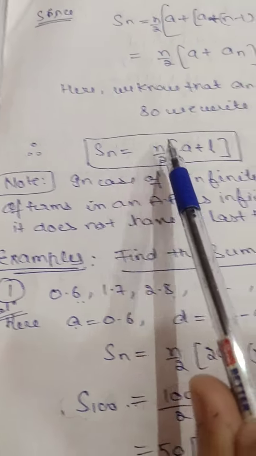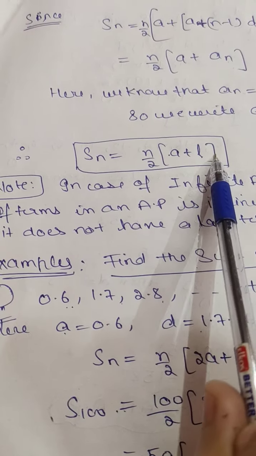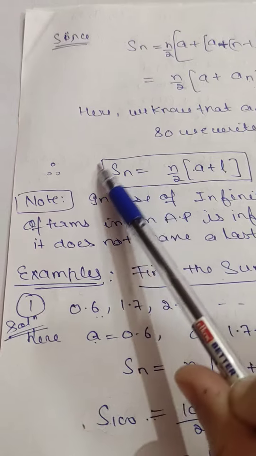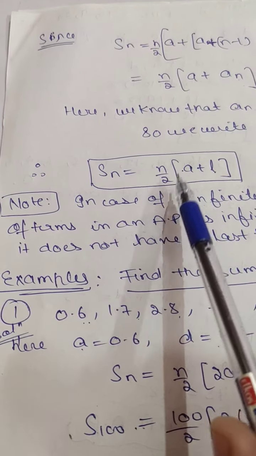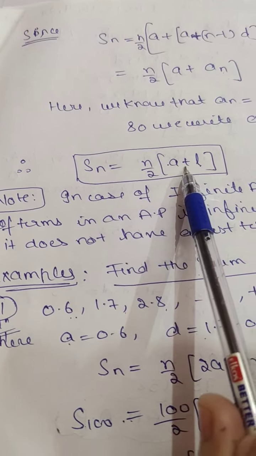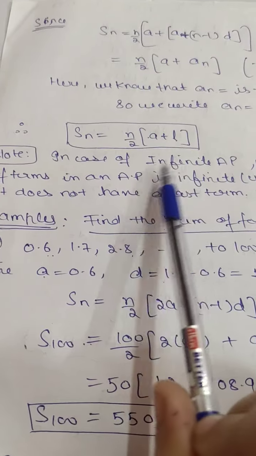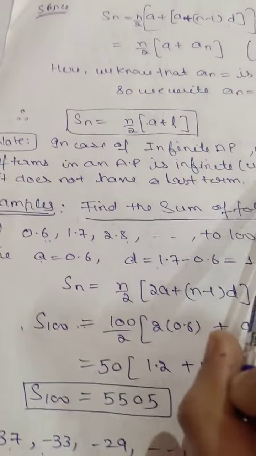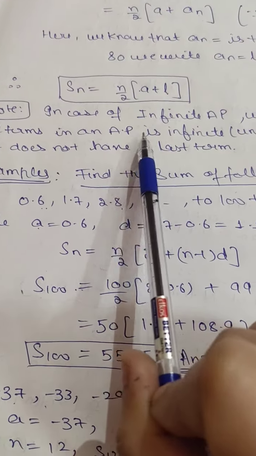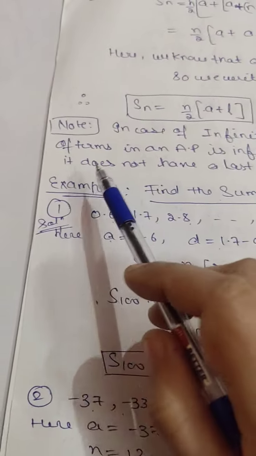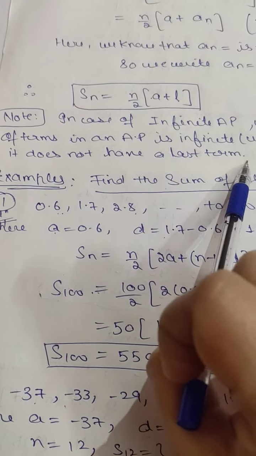Sn is equal to n by 2 into a plus L, meaning the sum of the n terms is n by 2 multiplied by the first term plus the last term. Note that in the case of an infinite AP, where the number of terms is infinite, meaning unlimited, it doesn't have a last term.